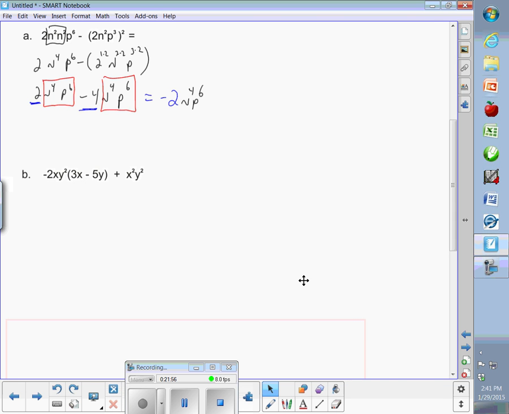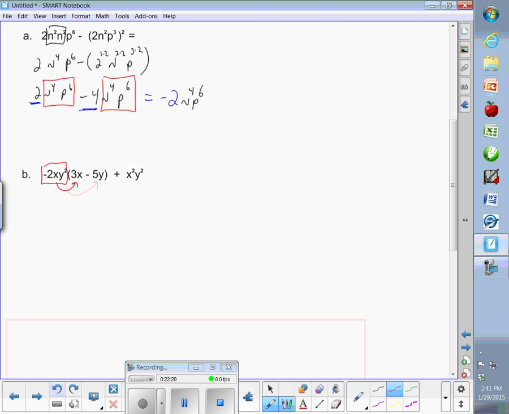Who cares? All right. So let's take a look at problem B here, the last problem. And in this problem, you can see we have something to distribute, right? We've got a negative 2xy squared in front of a parentheses. That operation is multiplication. And we're going to need to multiply it times the 3x and times the negative 5y.